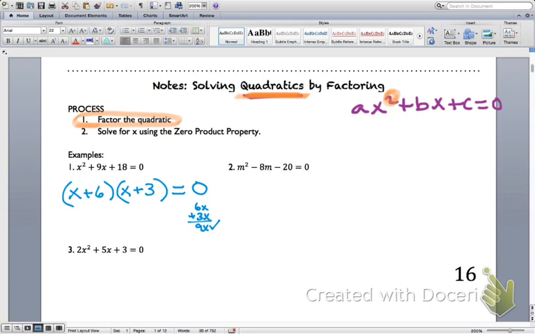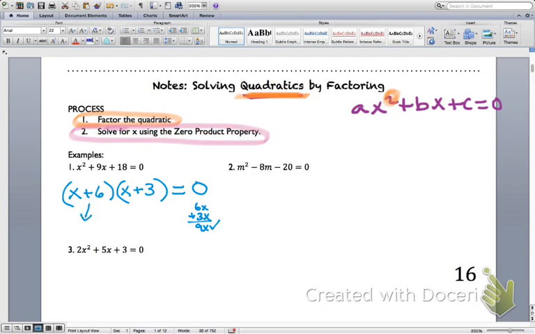My second step now is going to be using the zero product property, which is this right here. Remember, we are asking ourselves what factor times another factor gives me the number 0. So what times what is 0? That means that either the first one is 0 or the second one is 0. So using the zero product property, we can go ahead and solve these. What's going to make this factor a 0?